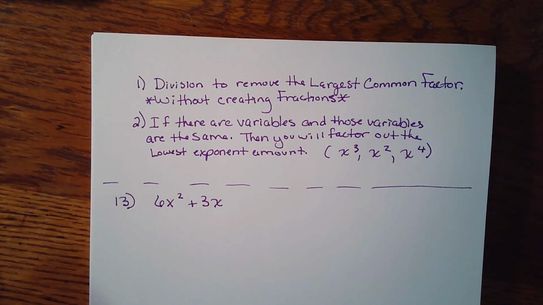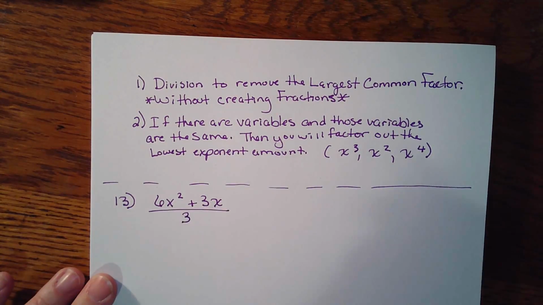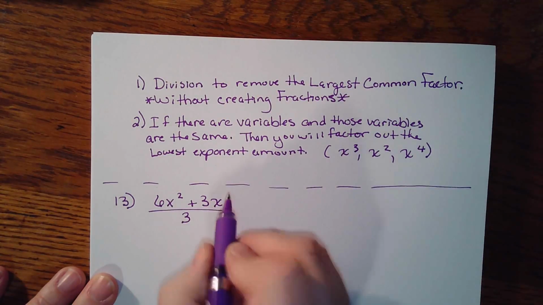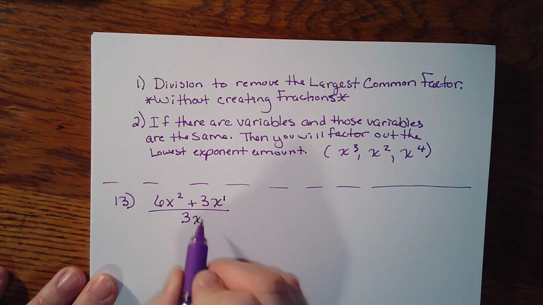We ask, what do they both have in common? Well, they both are multiples of 3, so we're going to divide out a 3. Then, do they have anything else in common? Oh yes, they both have x's. So we find the lowest exponent amount, which in this case is an invisible 1, so we can only take out an x to the first.